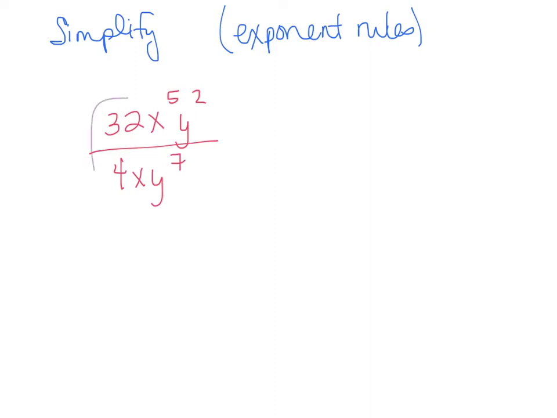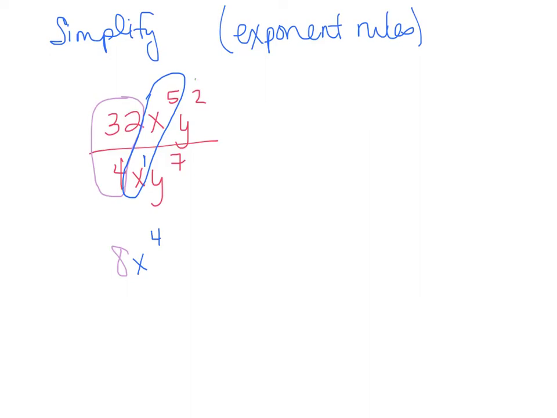Remember that first we look at our numbers. So 32 over 4 reduces to 8. And then you're going to look at your x's. What do you do with your exponents when you're dividing? Subtract your exponents, so that gives you x to the 4th, because that's an x to the 1st on the bottom.